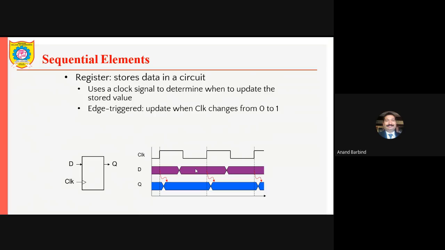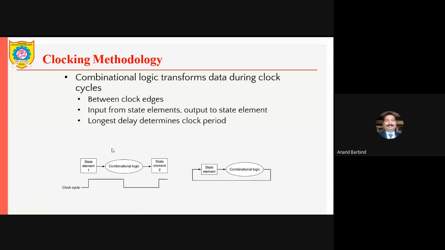Whereas unfortunately, if D changes just after the rising edge has gone, then in that case the flip-flop will exhibit more delay to change its output. Usually the sequential logic circuits are used with the combinational logic circuits, as we have discussed in case of the counters also.